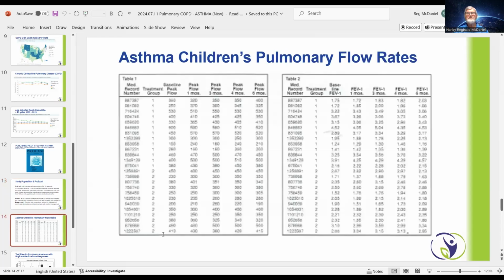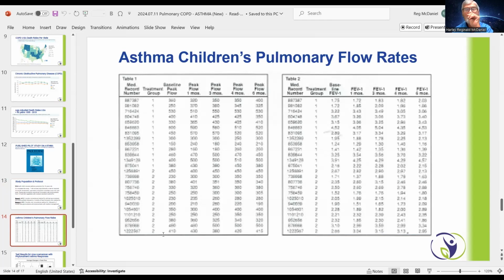Now, this is the actual data that they gathered from the children. They have them blow into this device that measures the cc's of air that goes in and out of the lungs and the rate at which they can expel it.